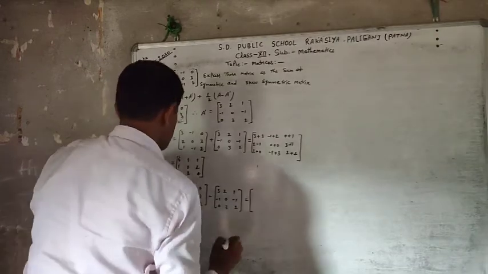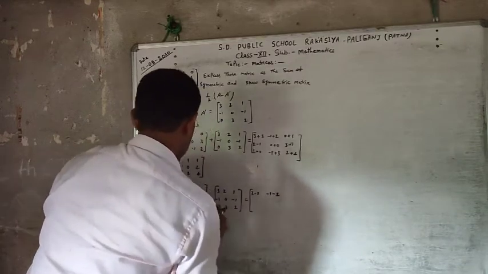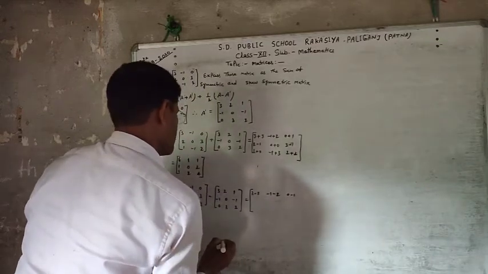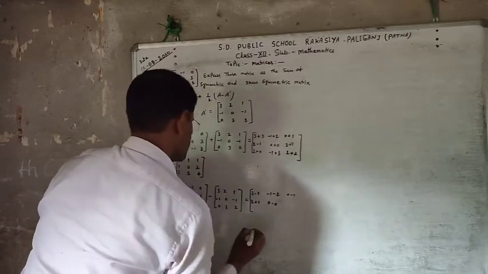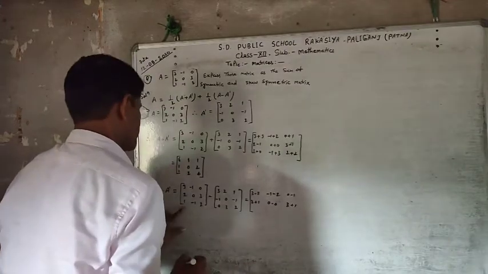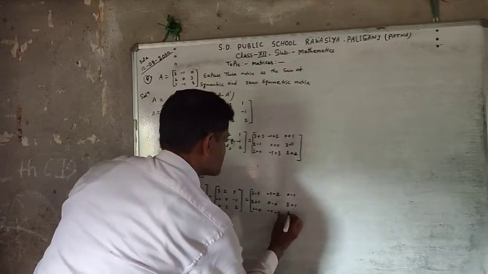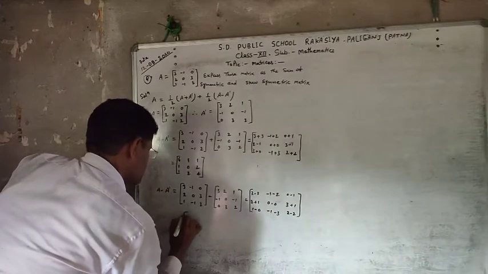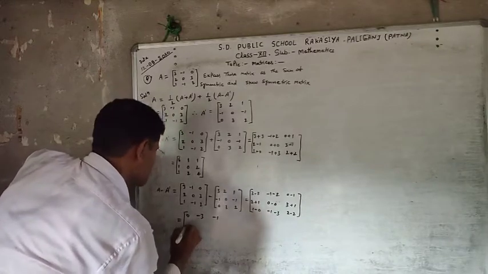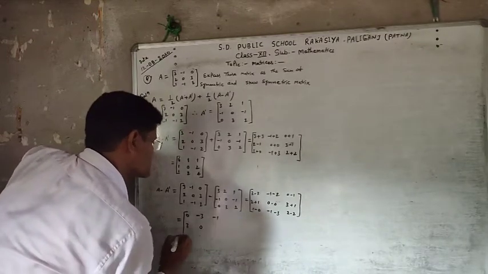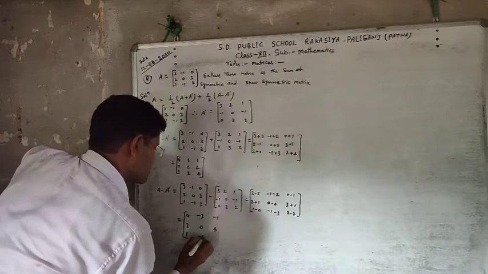If we subtract this, then we write 3 minus 3, -1 minus 2, and 0 minus 1; 2 minus (-1), 0 minus 0 and 3 minus (-1); 1 minus 0, -1 minus 3 and 2 minus 2. It is [0, -3, -1; 3, 0, 4; 1, -4, 0].